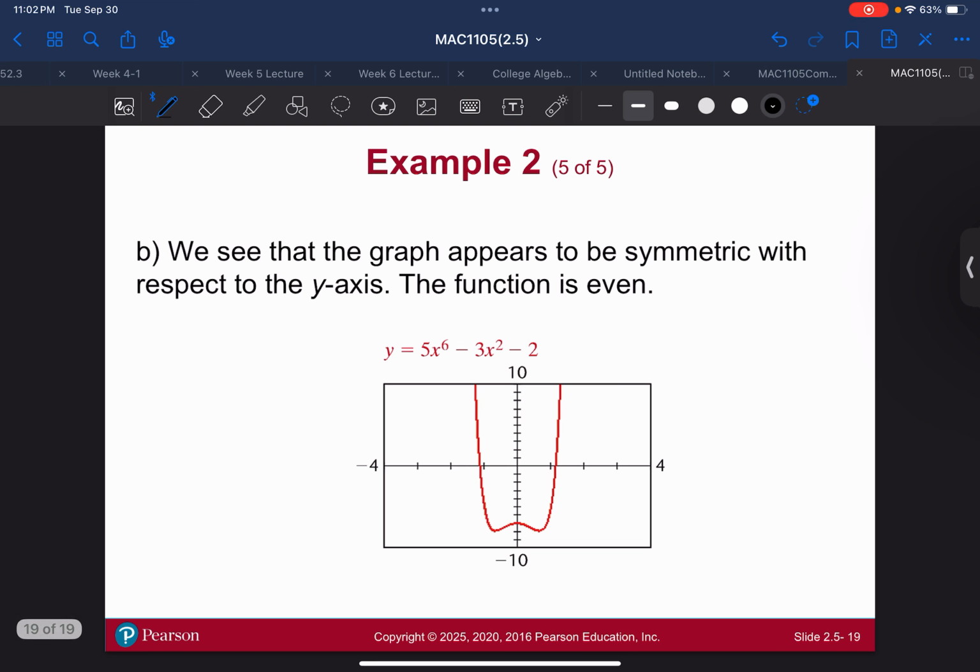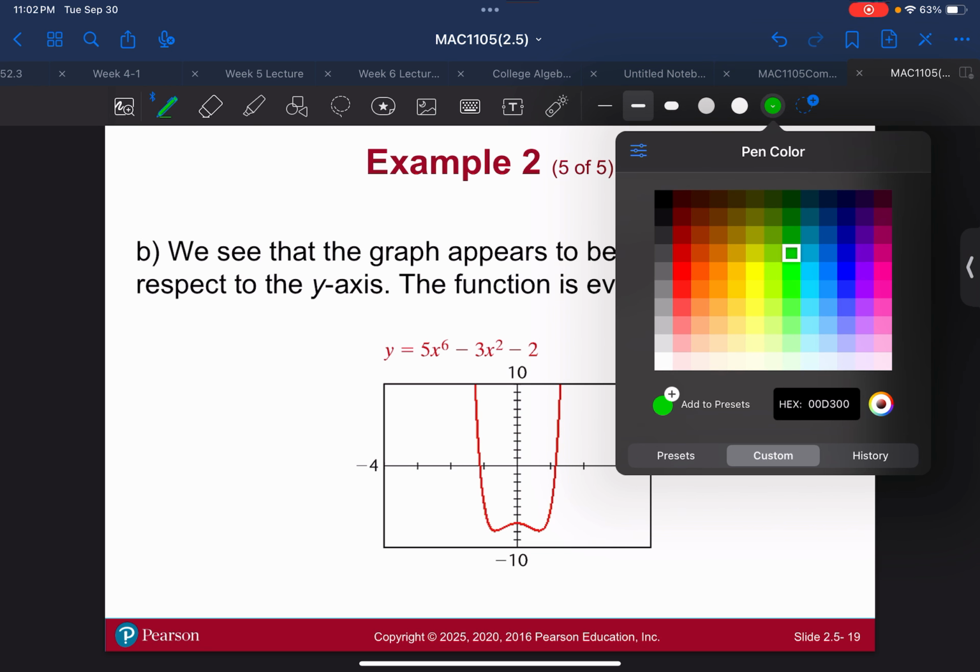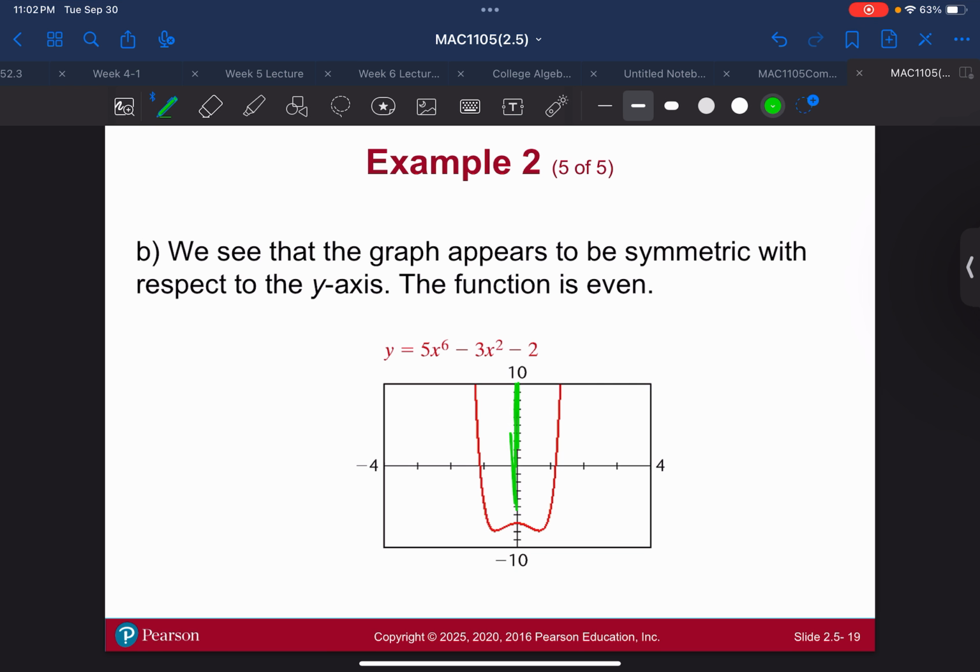And visually, if we graph this function, we can see that this is symmetric about the y-axis. This would be our axis of symmetry there. And if I folded that left side over the y-axis, then it would coincide with the right side.